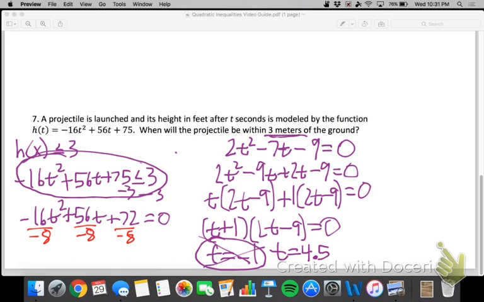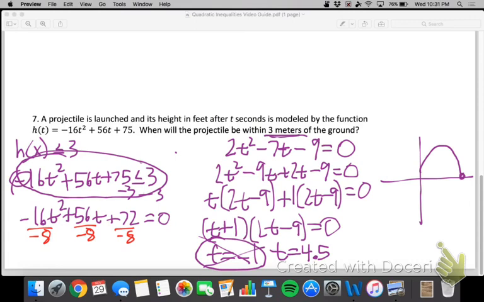So now, again, let's picture what this graph looks like. So we know it's a downward opening parabola, and the projectile is launched, and it's going to look something like that, right? And then we solved and we found it equals 3 right here.